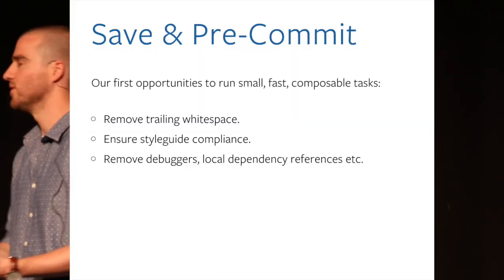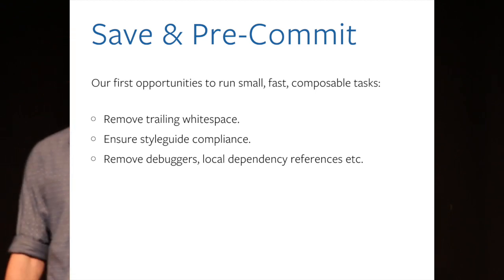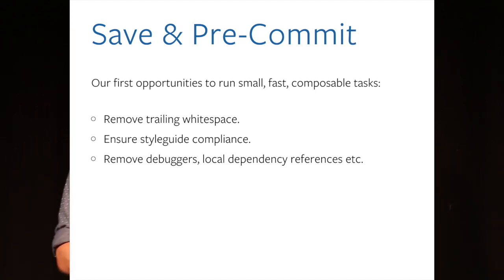Our first opportunity to create a gate to look after our code is directly as the user's writing it. And when I say the user, in this case, it's the developer. As we save, as we're actually typing and writing code, we can be using editor plugins to lint our code, to use CSS Lint or JS Hint or ESLint, and using tools like EditorConfig to make sure that we all have the same kind of setup in our editors.